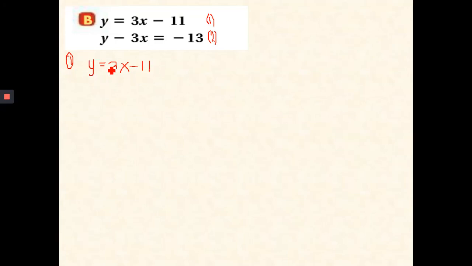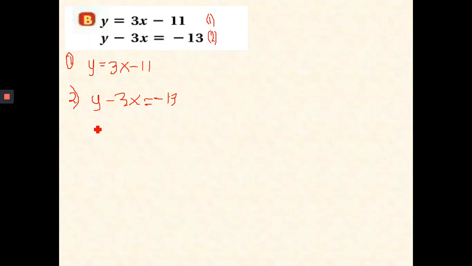Okay? Isolated. Next, step 2. In step 2, we are going to use equation 2: y minus 3x equals negative 13. Okay?